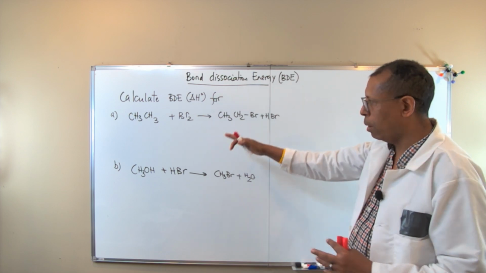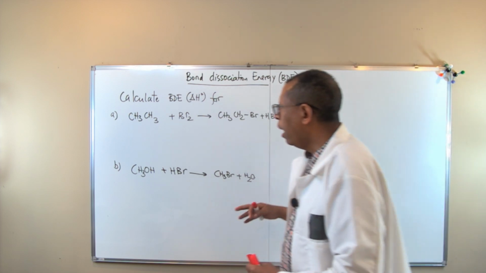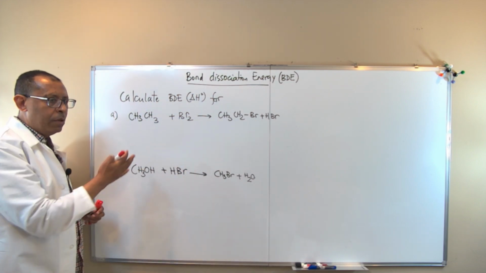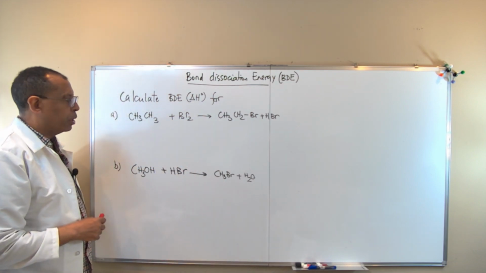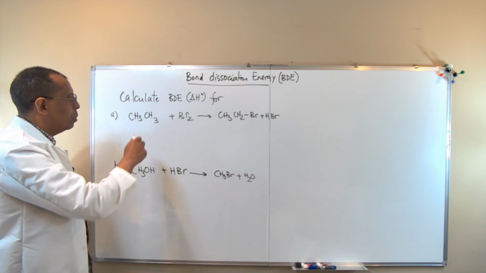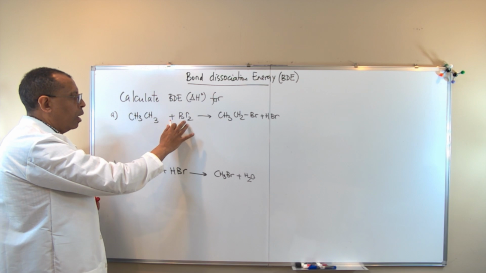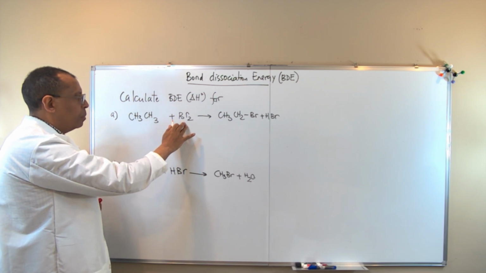Before I solve the problem mathematically, I'll show you what bonds might have been formed in these reactions. So this substitution, this is an alkane, and you have a bromine molecule.